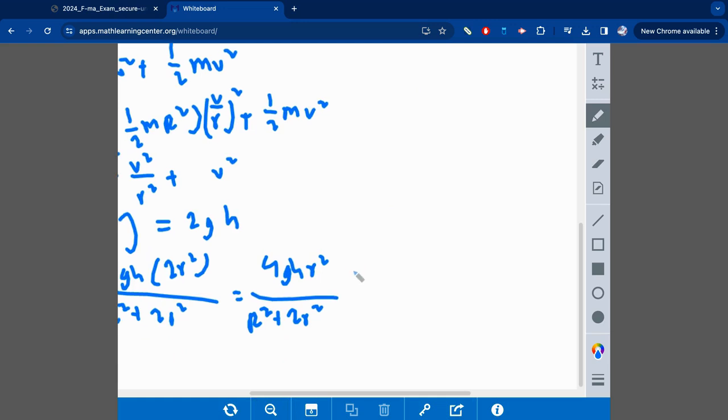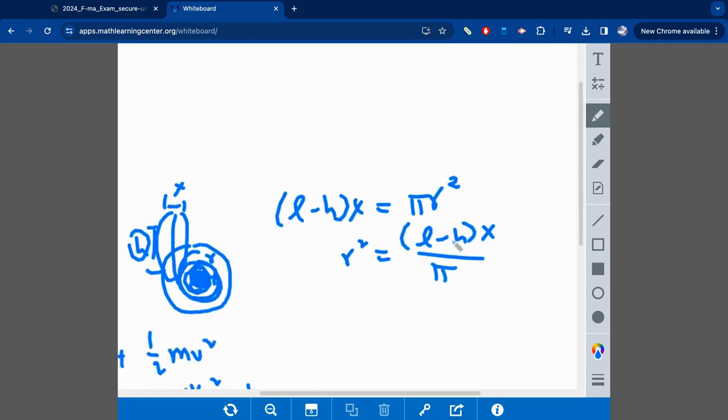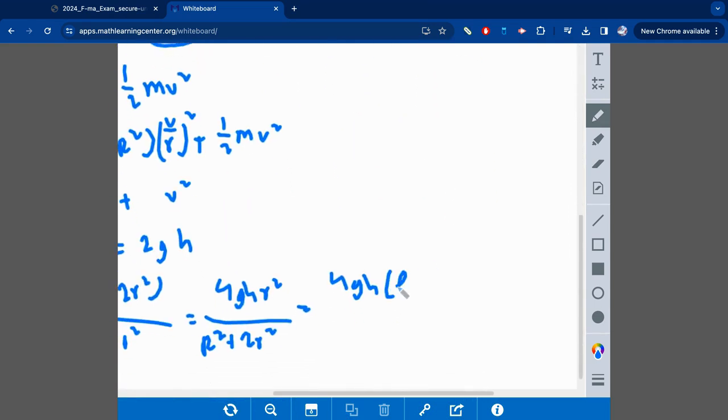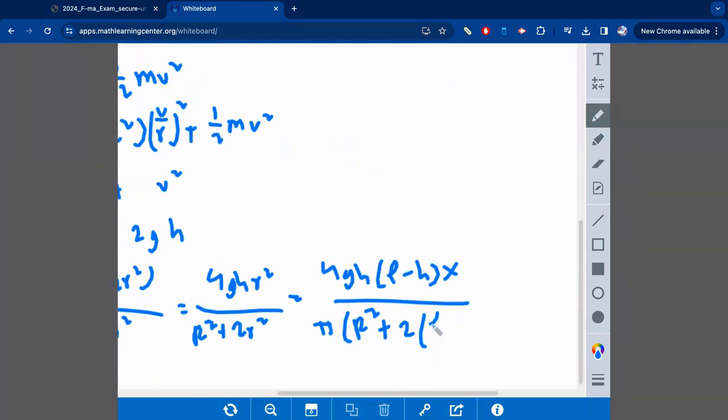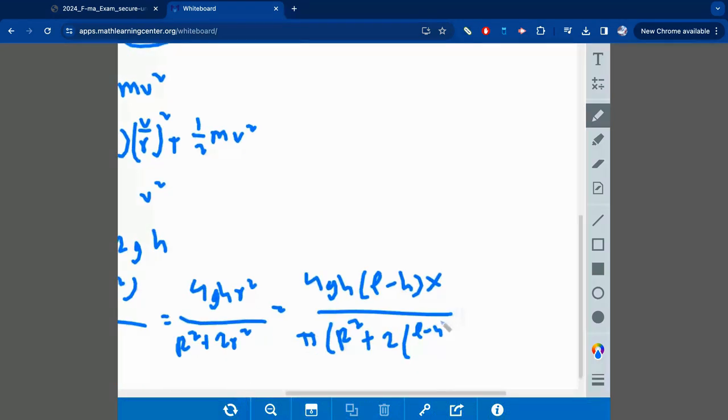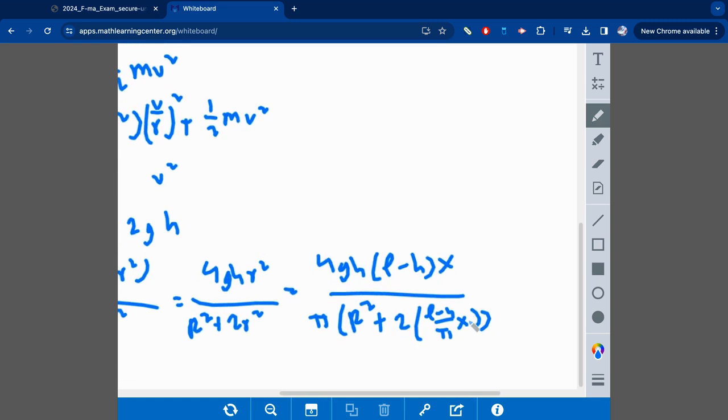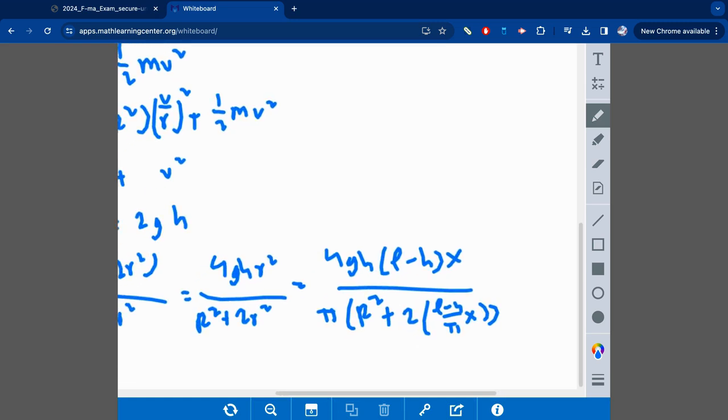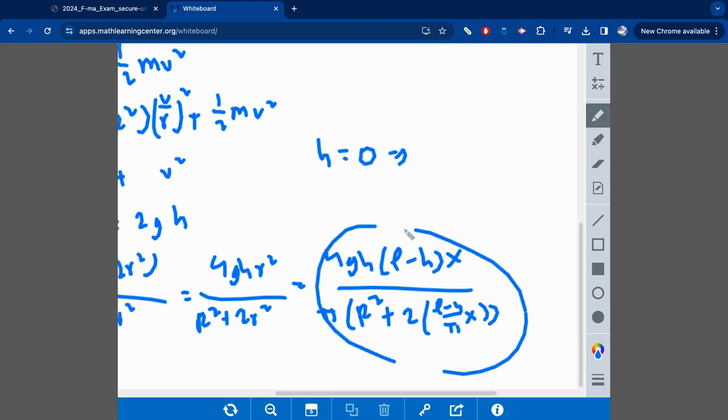If we plug it back in here, 4gh times r squared, L minus h times x over pi, over that plus 2 r squared. What we notice is that if we plug in h equals 0, then v is going to be 0.